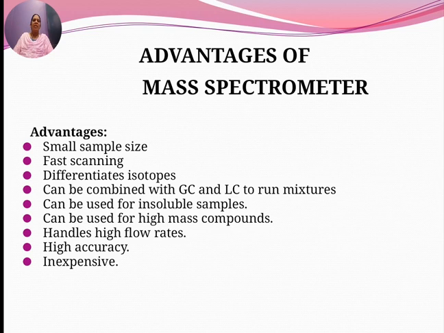They can handle high flow rate compounds. They have high accuracy, and they are inexpensive. These are the advantages of mass spectrometer. A small size of sample is sufficient. They are fast in scanning. They can differentiate isotopes. They can be combined with gas chromatography and liquid chromatography to run mixtures.